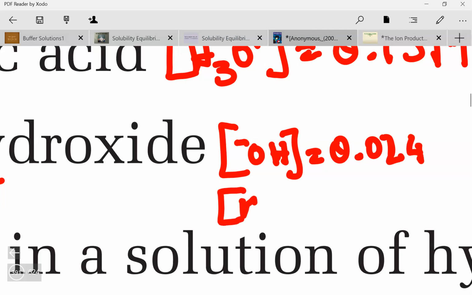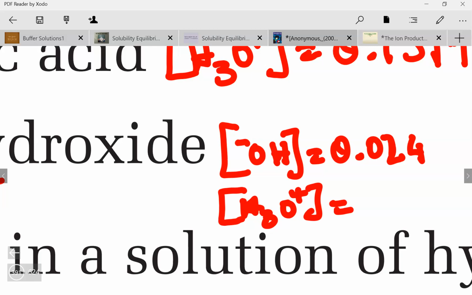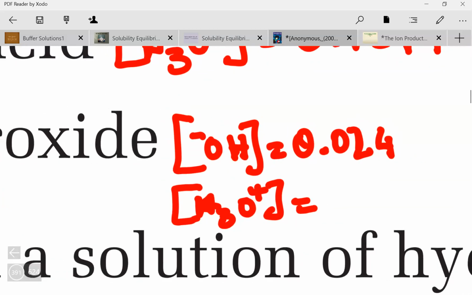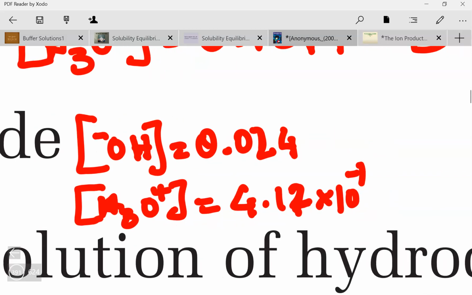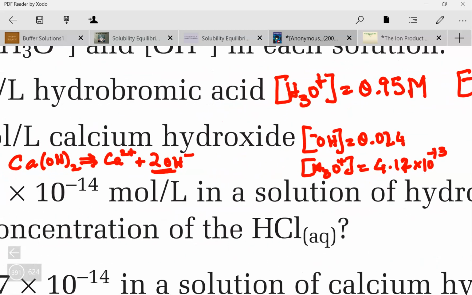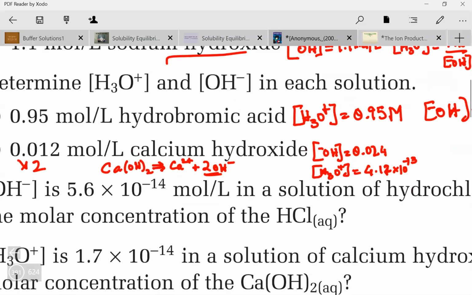So concentration of H3O plus is 1 times 10 to the power negative 14 divided by 0.024, which is 4.1217 times 10 to the power of negative 13. Which makes sense. We have calcium hydroxide, which is a strong base. We have a super small H3O plus and a relatively bigger OH minus.